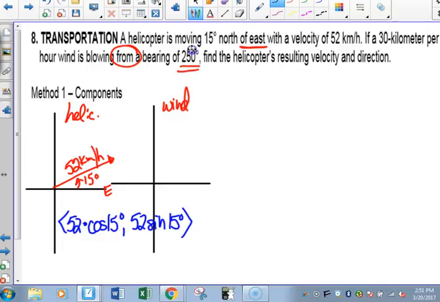First of all, a bearing, when they use the word bearing, it means off of north in a clockwise direction. For example, this is how an air traffic controller keeps track of everybody. They measure off of north going around, is my understanding. Like I would know, but if they went around 250 degrees, okay, but it says it's blowing from a bearing.